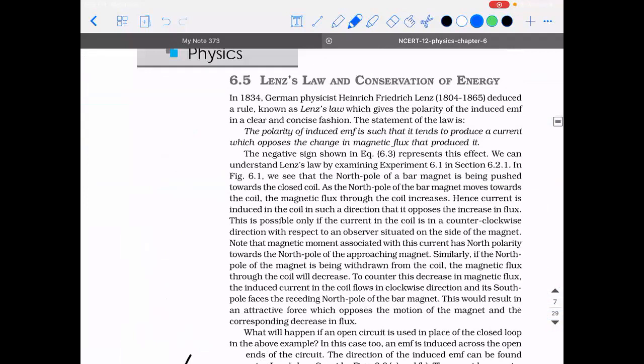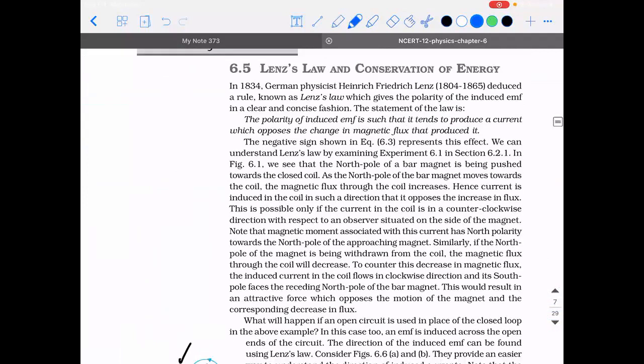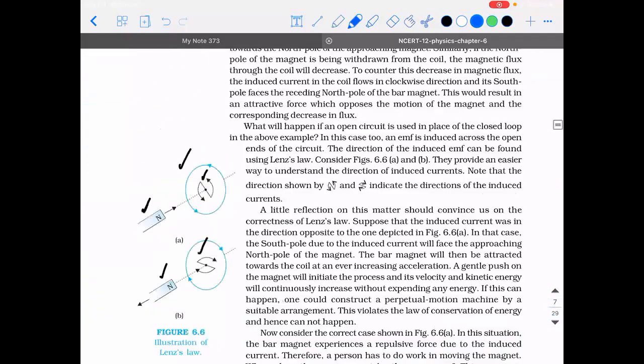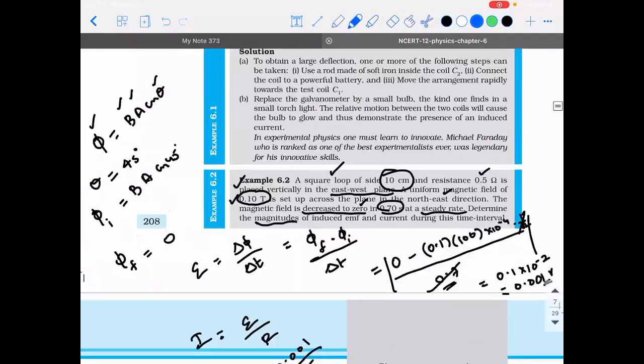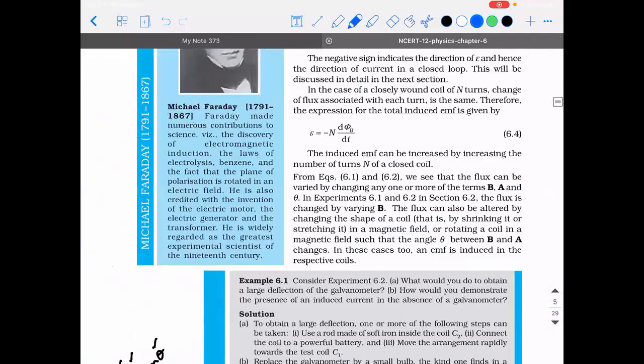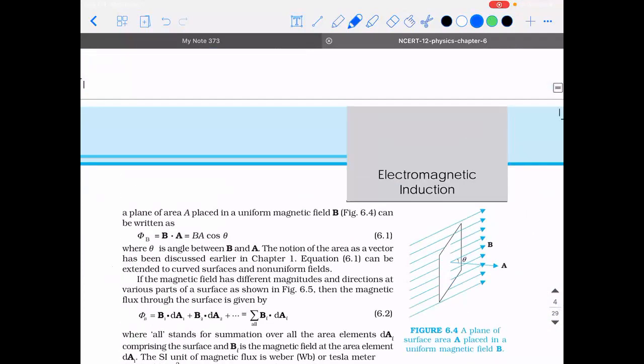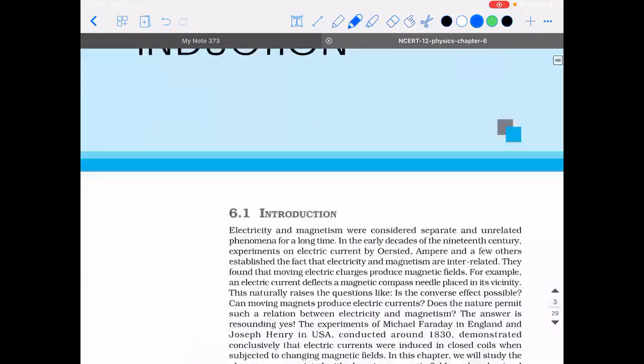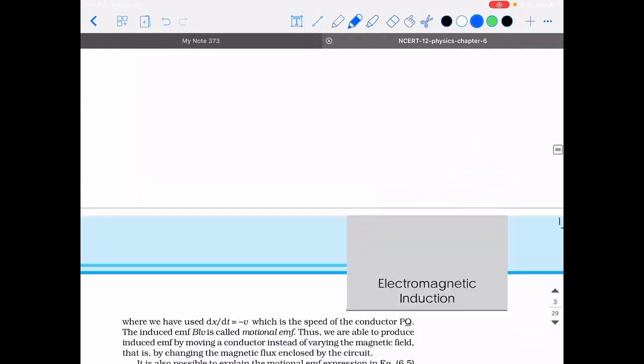Okay. One last point to be noted for today's class. Lenz's law is based on the concept of conservation of energy. Please write it down. Lenz's law is based on the concept of conservation of energy. Okay. The remaining things you can just go through in the textbook.